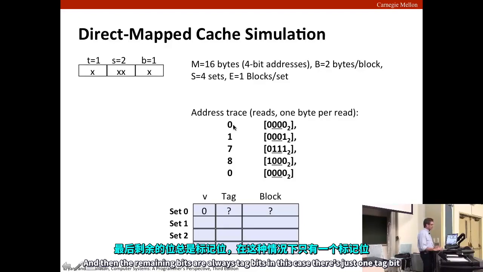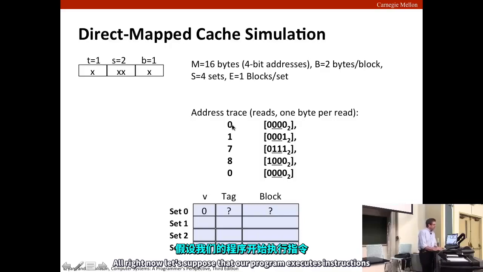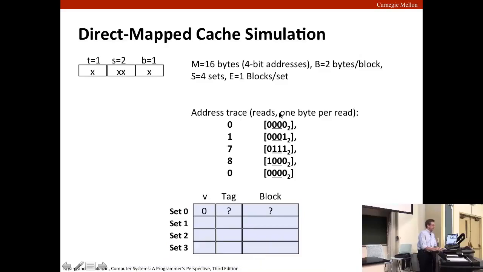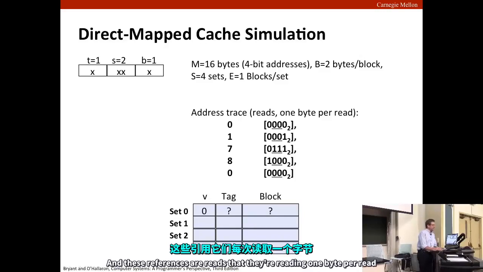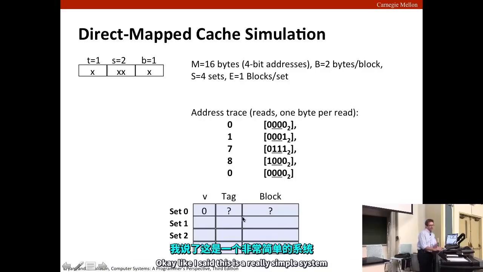So in this case, there's just 1 tag bit. Now let's suppose that our program executes instructions that reference the following memory addresses: 0, 1, 7, 8, and 0. These references are reads, reading 1 byte per read. Like I said, this is a really simple system.